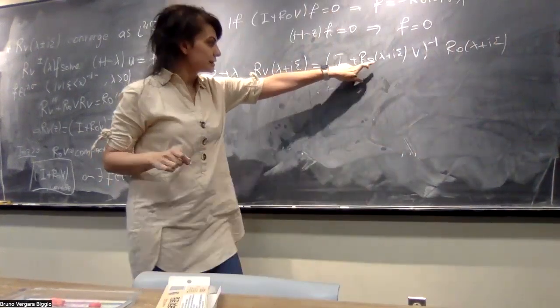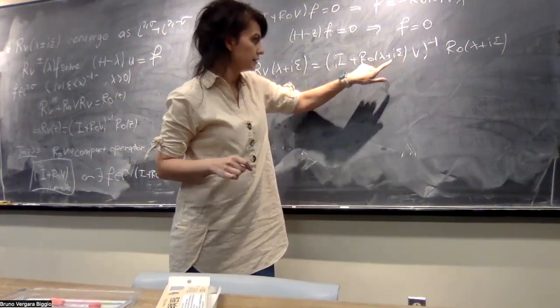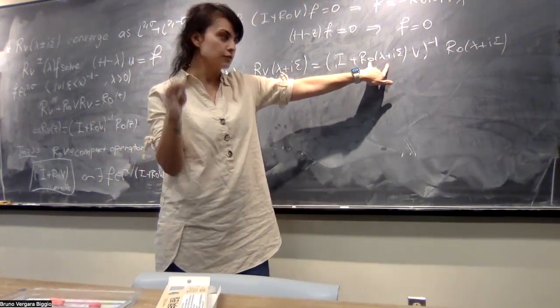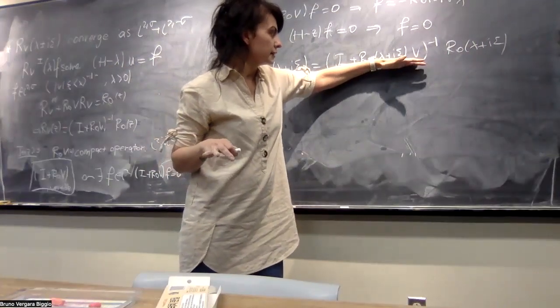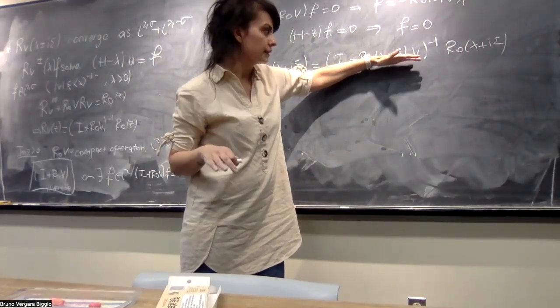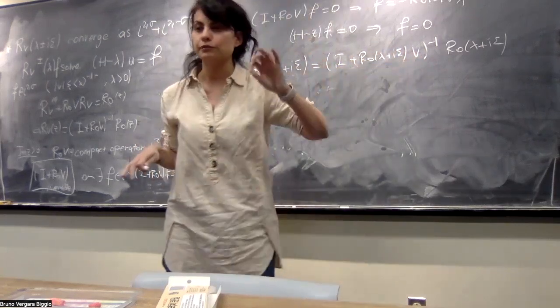Now we know that as epsilon goes to 0, this operator is going to map L2 sigma to L2 negative sigma. And when I put this potential, this is now going to be a compact operator, from L2 sigma to L2 negative sigma.